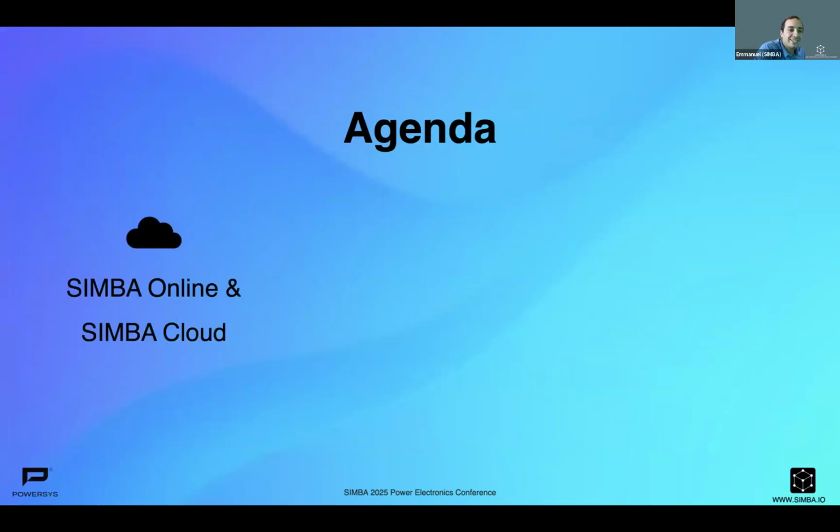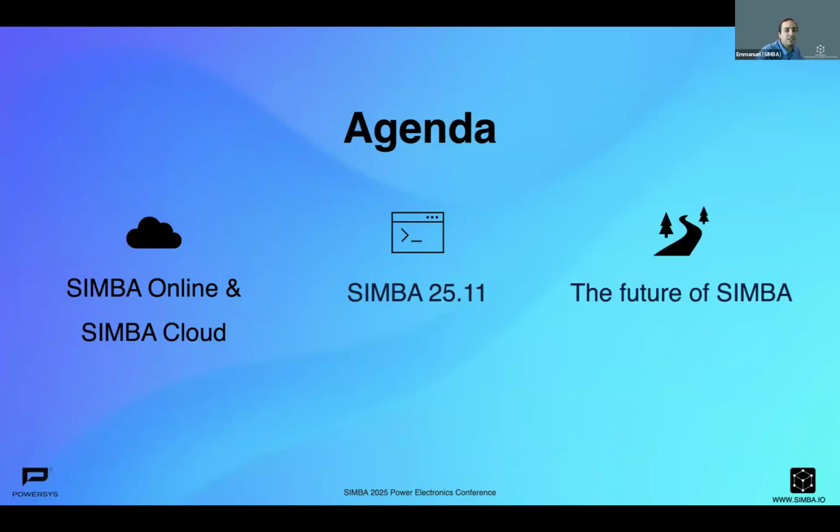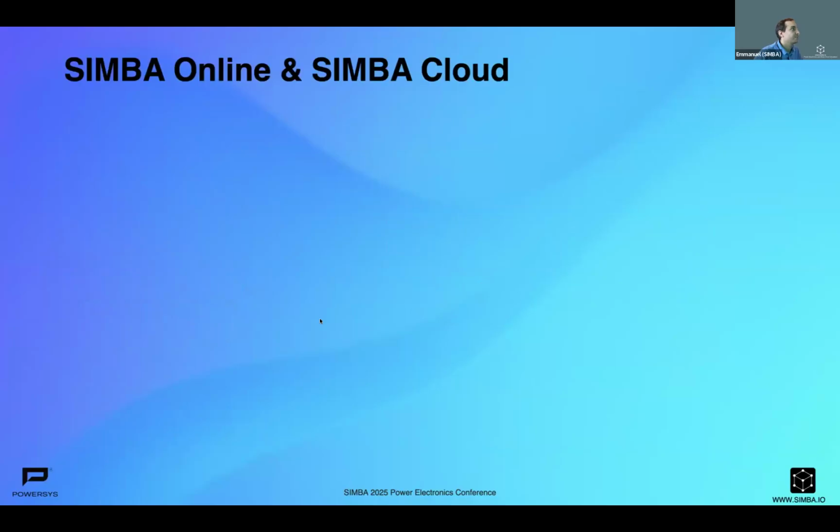The first one is SIMBA Online and SIMBA Cloud. The second thing is the release of SIMBA 25.11. And finally, we want to introduce you to the future of SIMBA. So let's start with SIMBA Online and SIMBA Cloud. And here is Guillaume to tell you all about it.